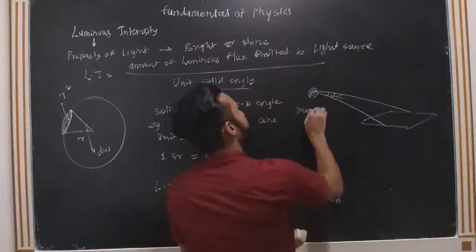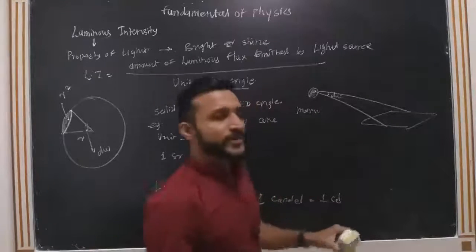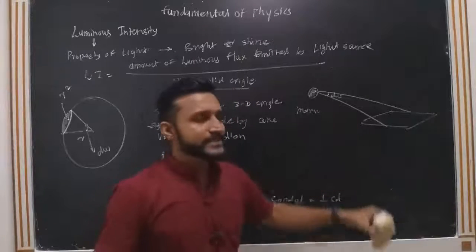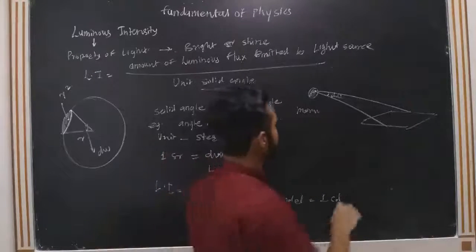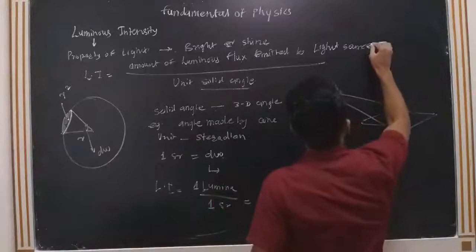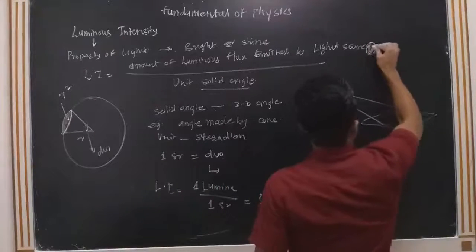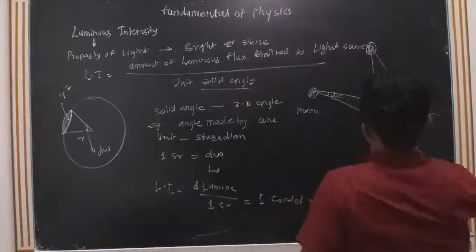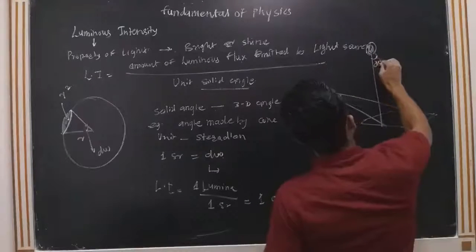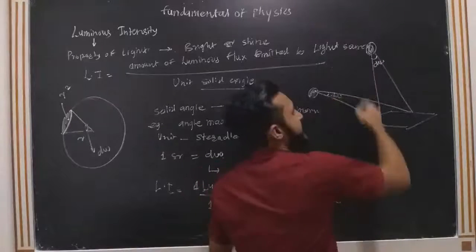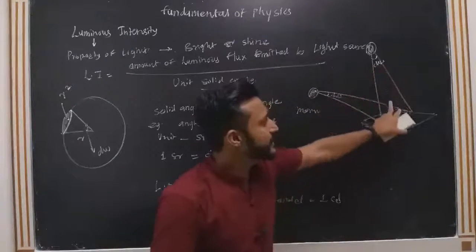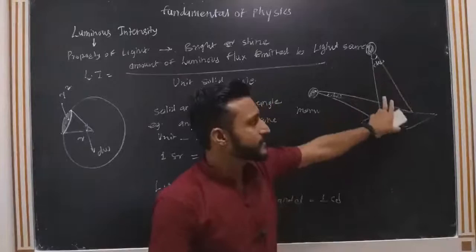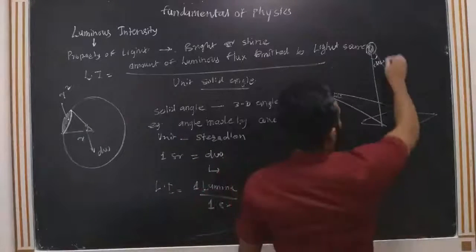This case is in the morning. We know that in the morning luminous intensity is less as compared to the afternoon. So in the afternoon, dω increases, solid angle increases, and luminous intensity also increases, right?